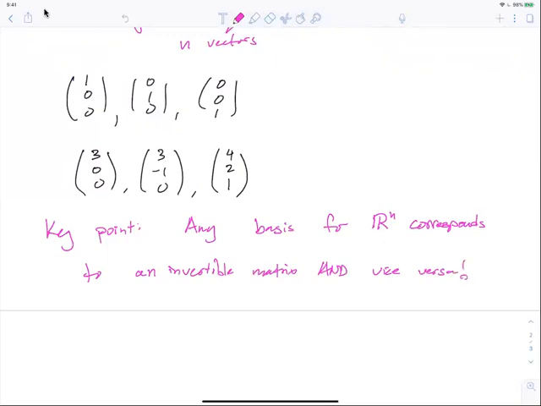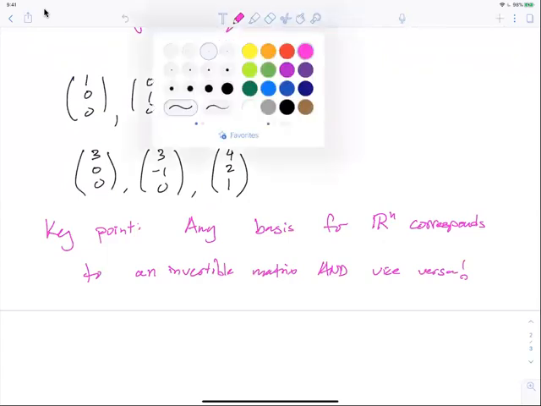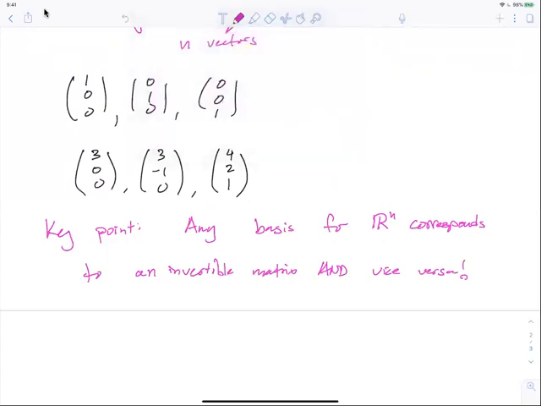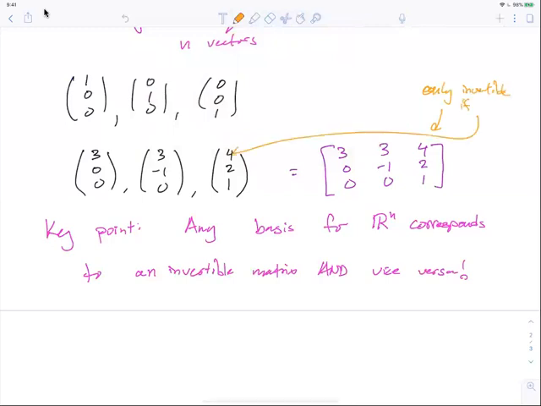So one other test for invertibility is that if you have a matrix, so for example, let's say we have the matrix like this. This matrix is only going to be invertible if its columns form a basis.